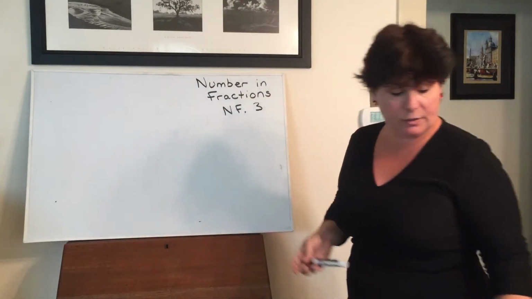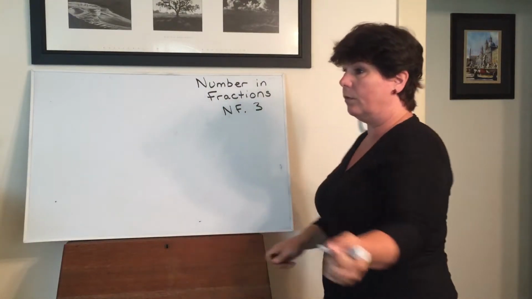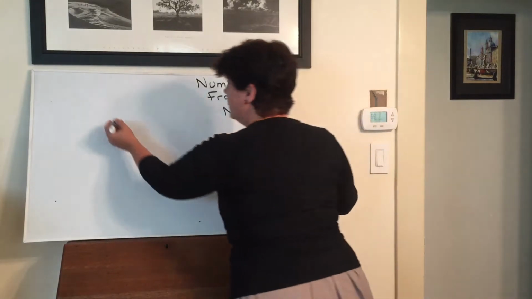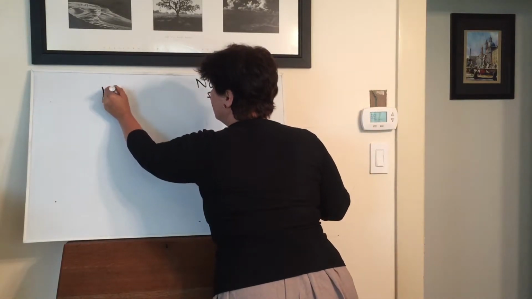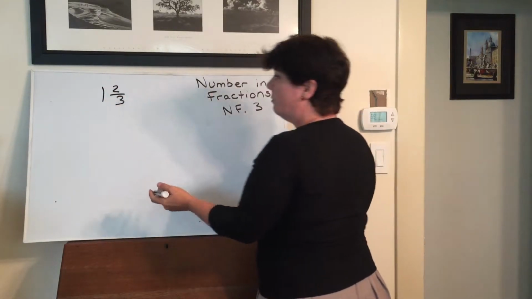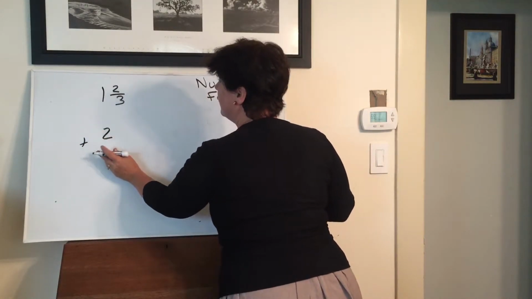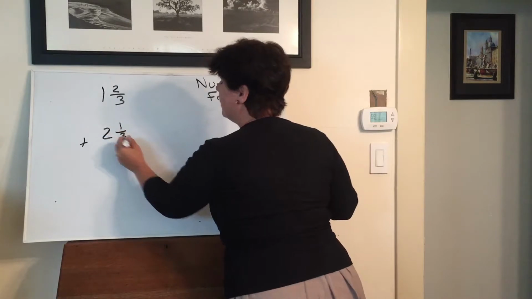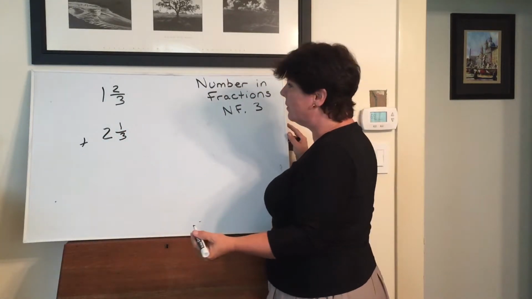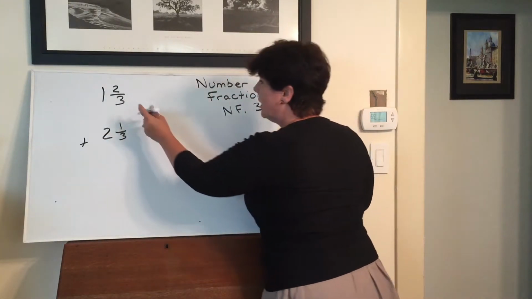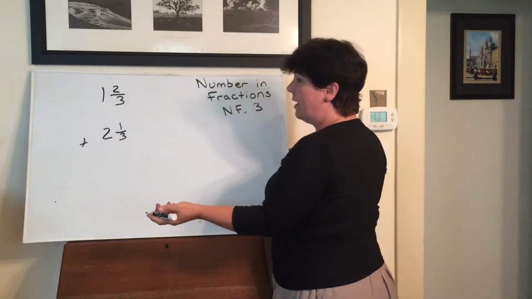Because the picture in this one would, if I had the same fraction, 1 2/3 plus 2 1/3, how would I draw a picture of that? Well, in this case, I would start with the whole. What do I have?